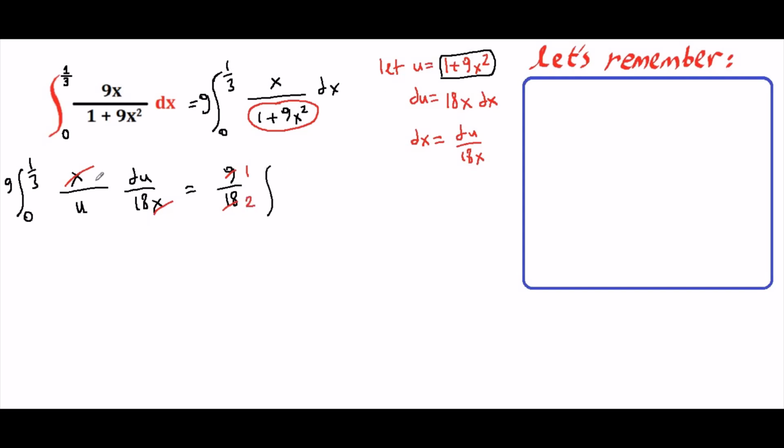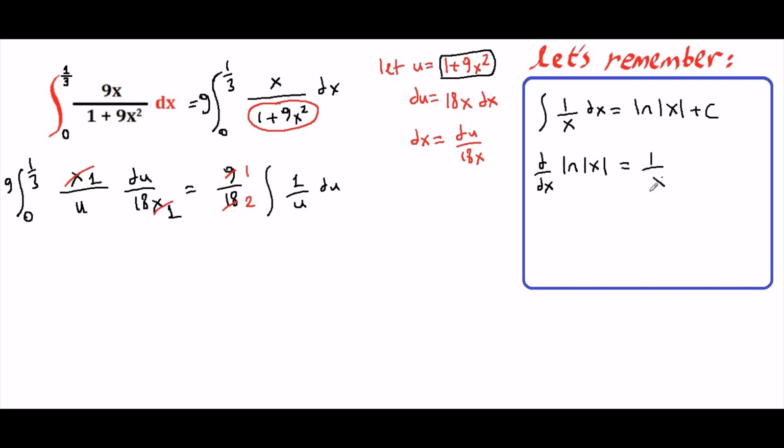And we have 1 over u. Let's remember, the integral of 1 over x dx is equal to ln of the absolute value of x, and the derivative of ln of x is 1 over x. Knowing this fact, the antiderivative of 1 over u is ln of u.